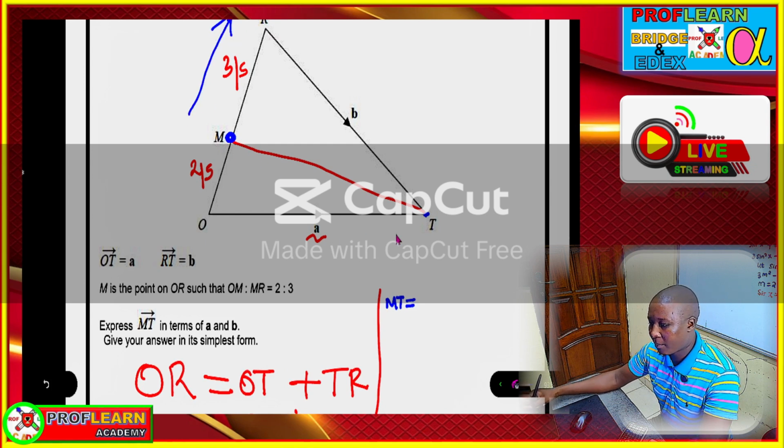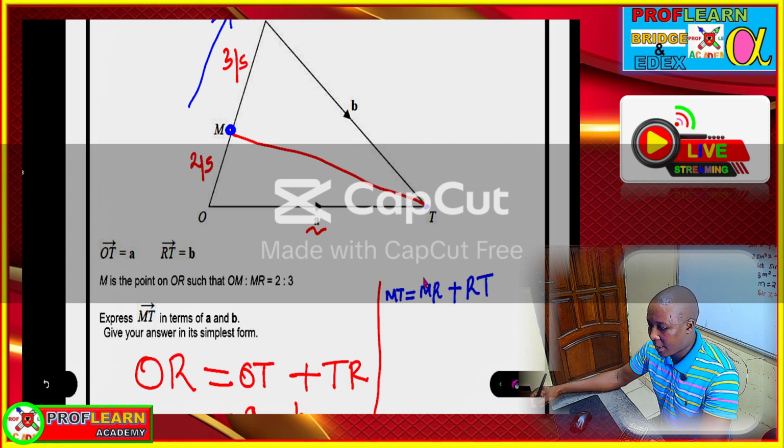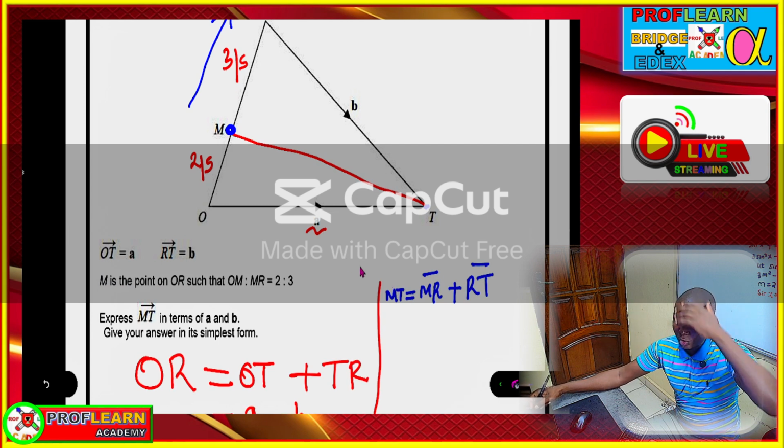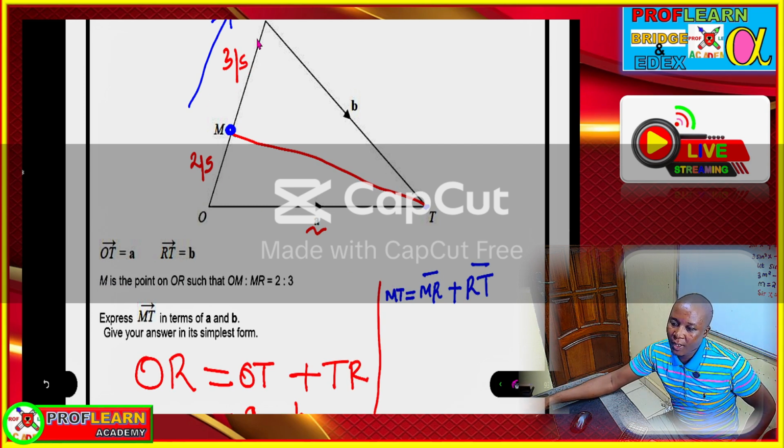I'll move from M to T, I'll use the route M to R plus R to T. But MR is going to be 3/5 of OR.